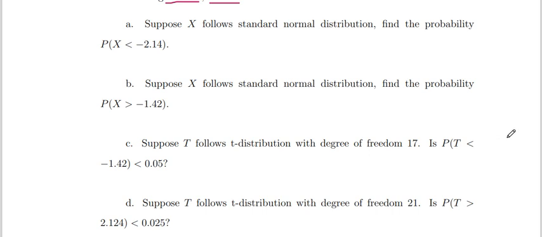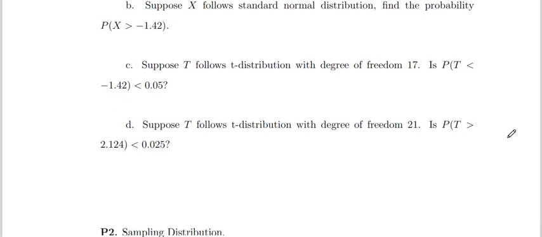Okay. So for problem C, we want to check whether this probability is less than 0.005, so we just need to find the cutoff point such that the probability is 0.005.